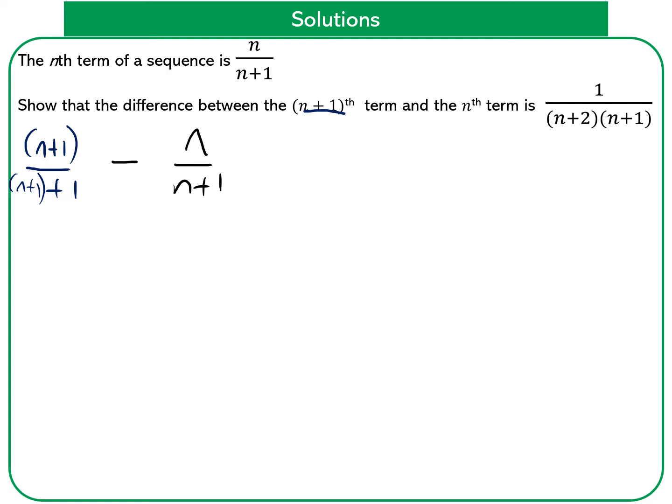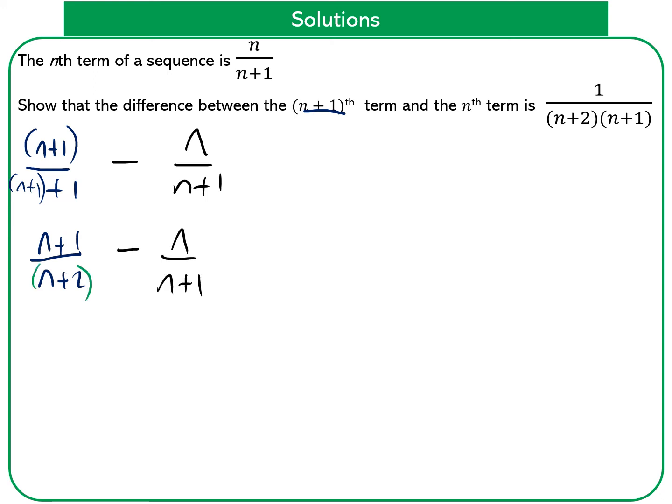First of all, I think it'll be best if I can tidy that up. So that's going to be n plus 1 divided by n plus 2, and then take away n divided by n plus 1.